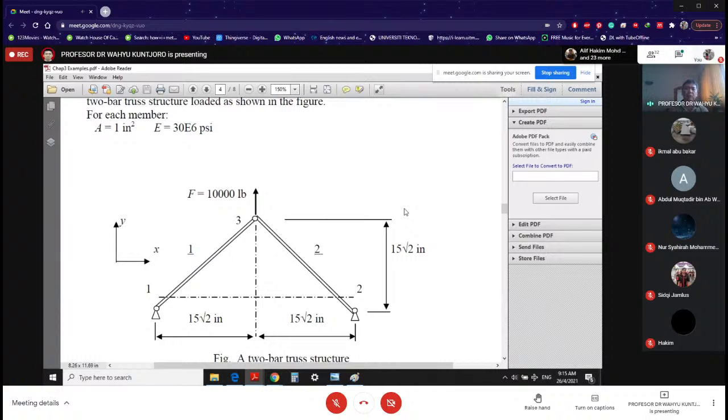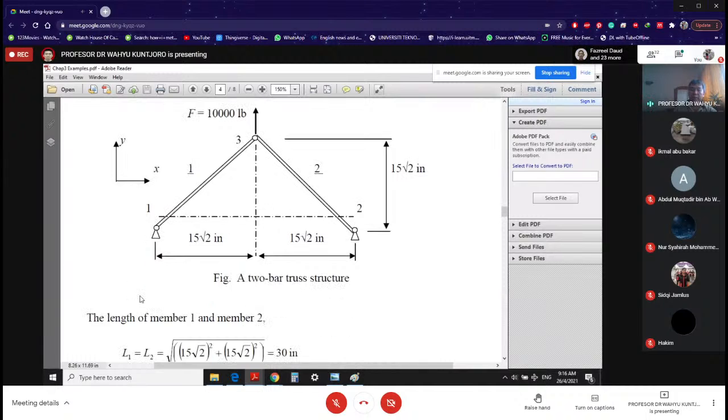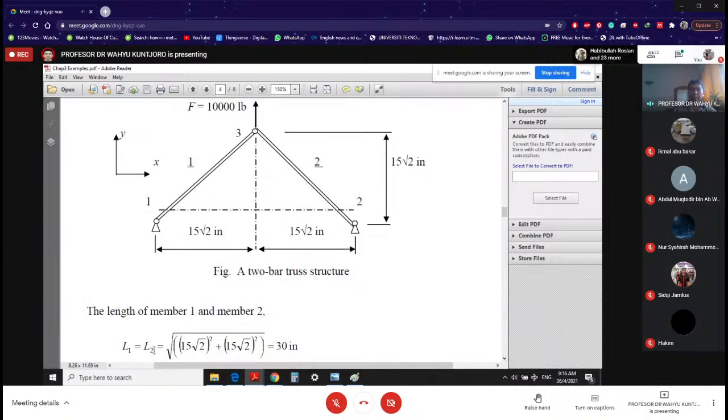Number one, of course, this is your finite element model, and then you need to calculate the element equation. And before that, of course, you need to have your element length, right? So for element 1 and element 2, the length is going to be based on this Pythagoras equation here.